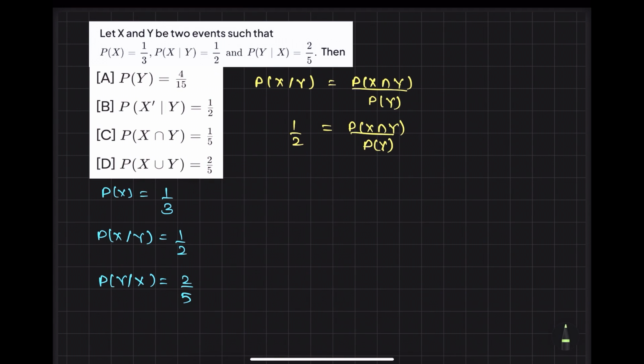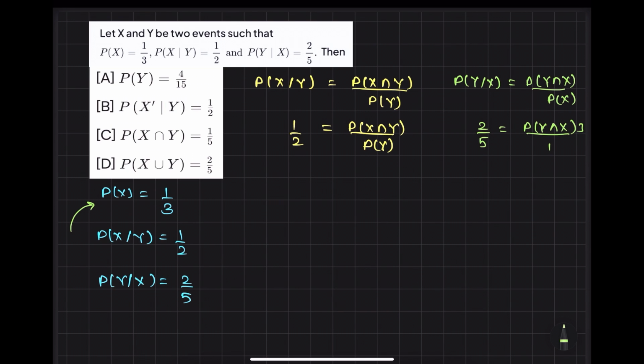The next idea is P of Y given X. So P of Y given X can be written as P of Y intersection X upon P of X. Okay, and you have this as 2 by 5, and P of Y intersection X upon P of X. P of X is what? 1 by 3, right?